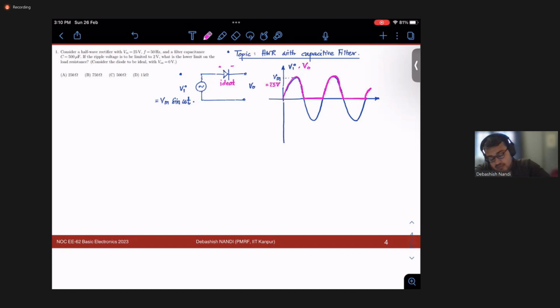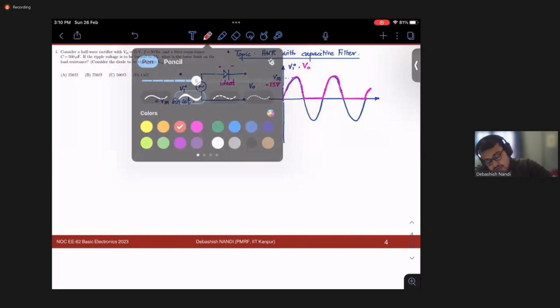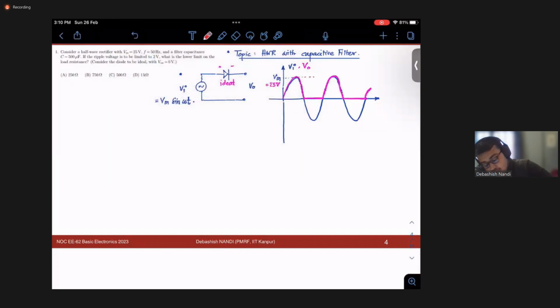How can you overcome this? One way is if I can make my output stay at this voltage, then I can have a constant DC voltage which I can use in my circuits. So how can you modify the circuit to have a constant DC voltage?